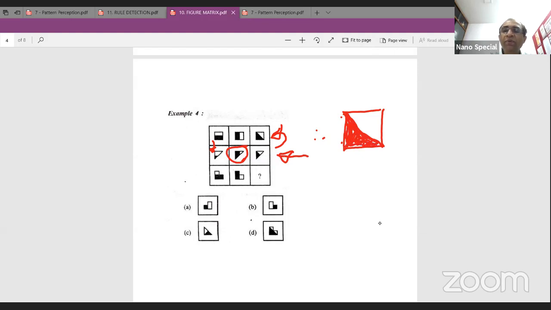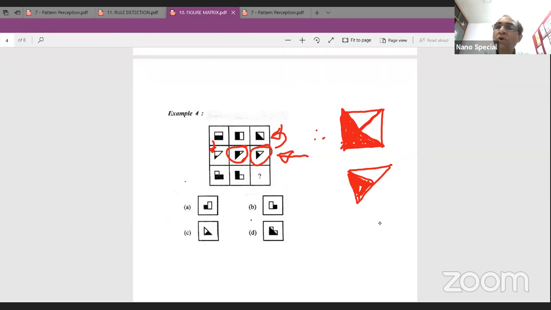Now, what do I do? I cut again along this diagonal, a diagonal which I take like this. Then what do I get? I get something like this, which is exactly my third figure in the second row. Are you following what I'm saying?